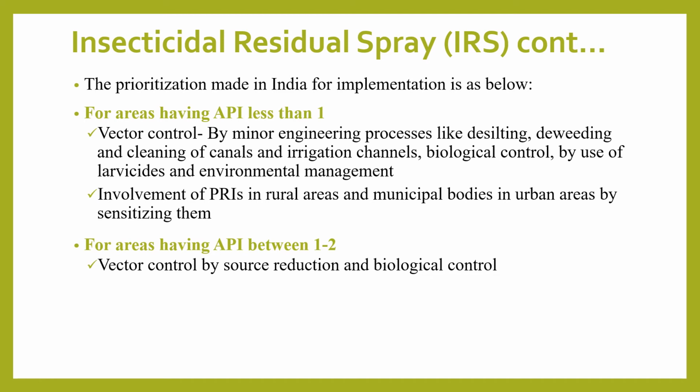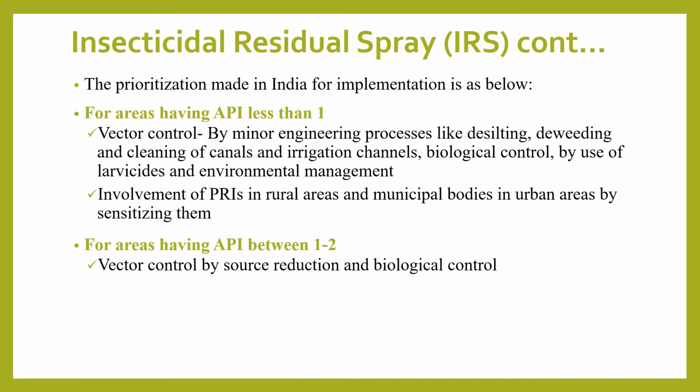For example, if the API is less than 1 for a particular area, then the strategies are vector control by minor engineering processes like desilting, deweeding and cleaning of canals and irrigation channels, then biological control using larvivorous fish, use of larvicides and environmental management.